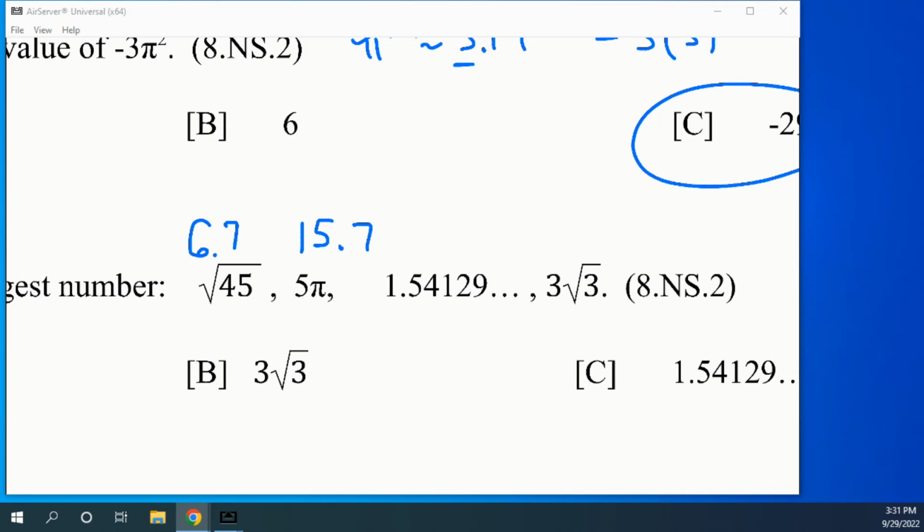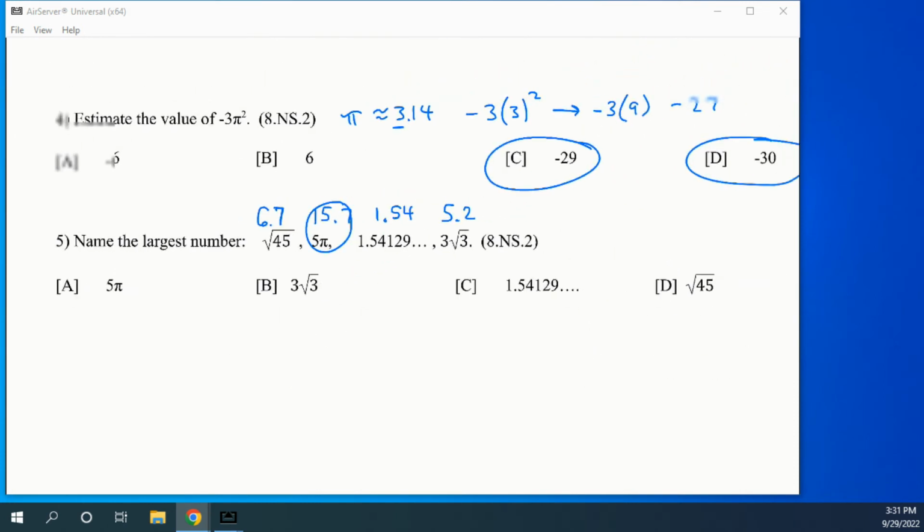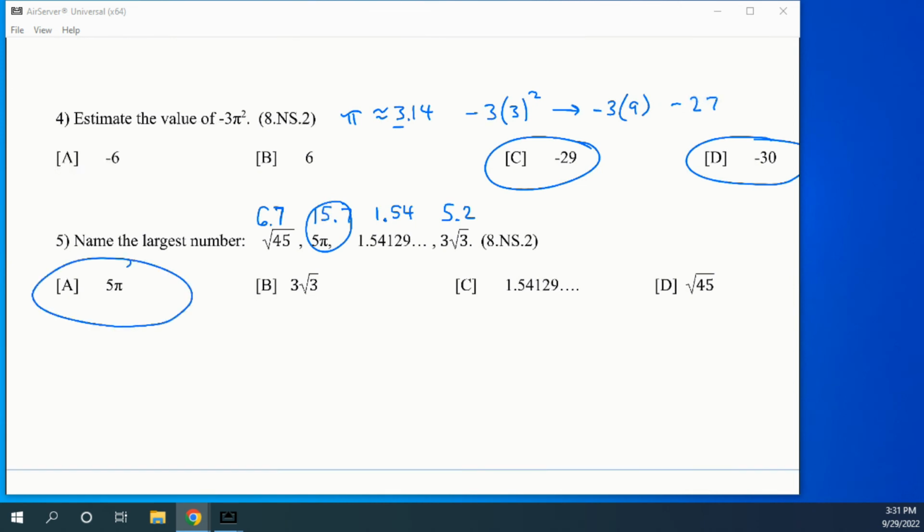Okay. 1.45 or 54 is still there. And 3 square root of 3 gets me 5.2. Which one is larger? It's going to be the 15.7, so that 5 pi number is the one that we're going to use there. All right? So that is number 5.